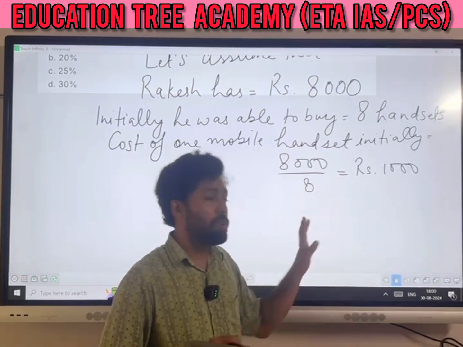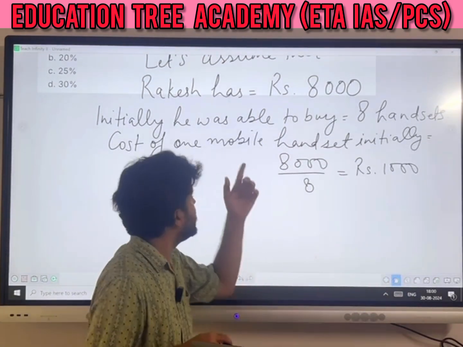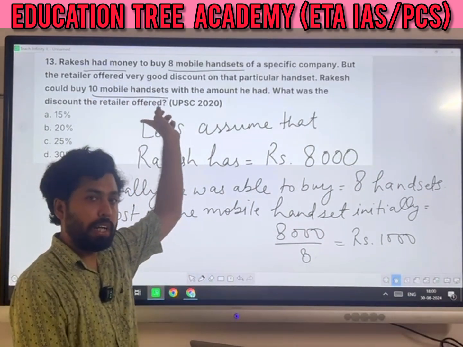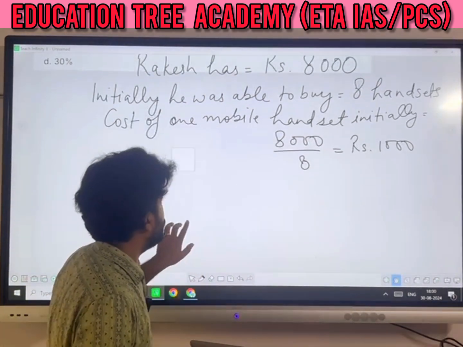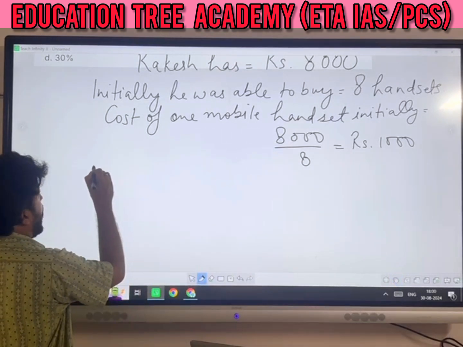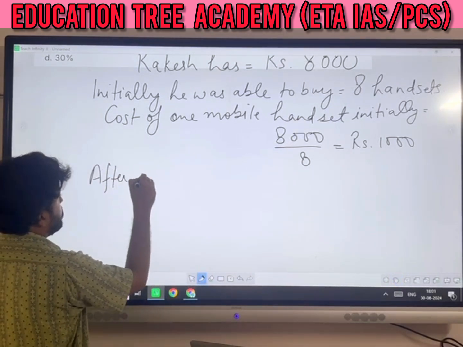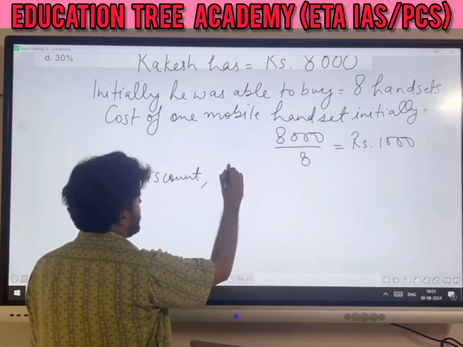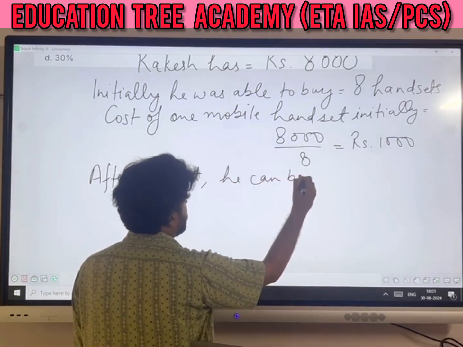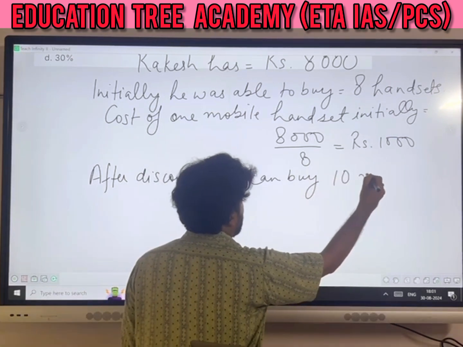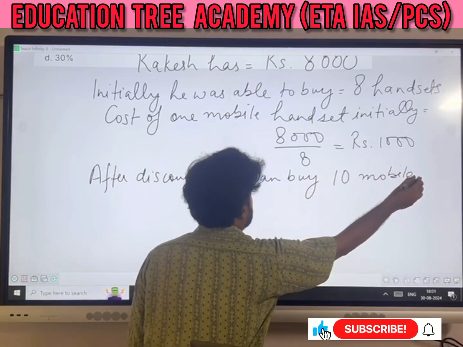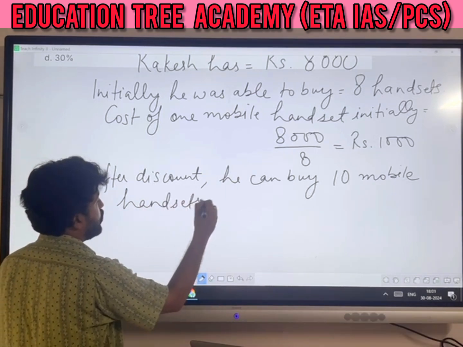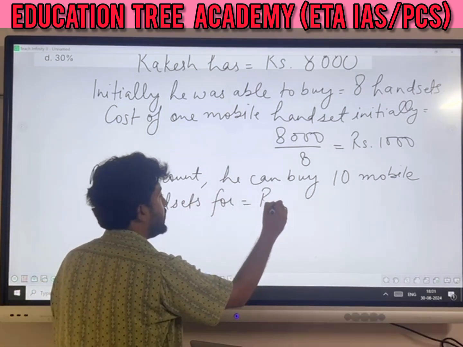Now after discount, he is able to buy how many handsets? In the question, it is given that he is able to buy 10 mobile handsets. So now we can say that after discount, he can buy 10 mobile handsets for how many rupees?